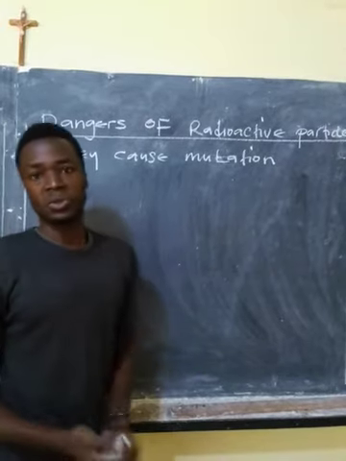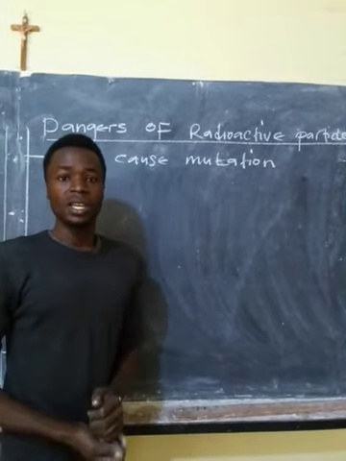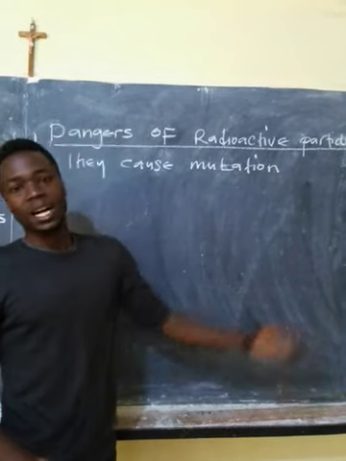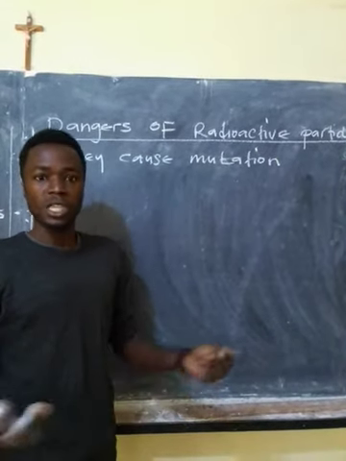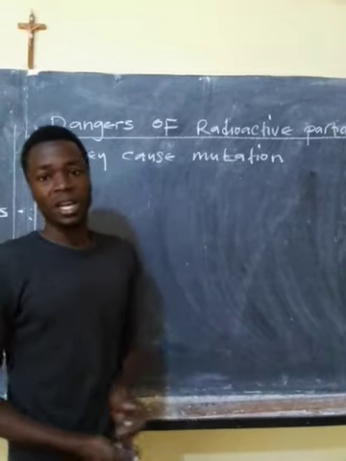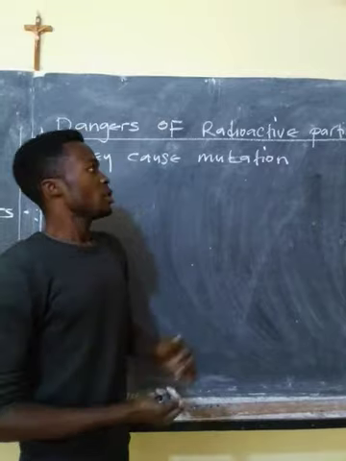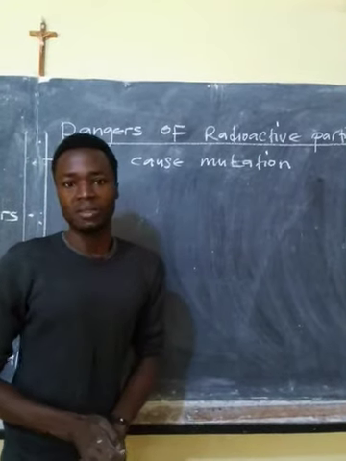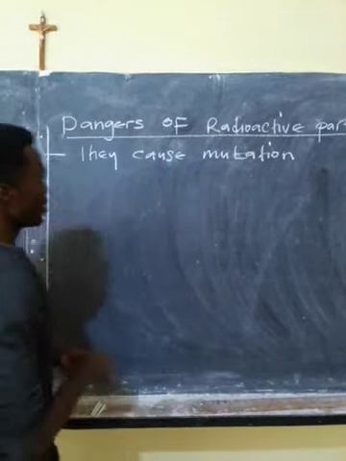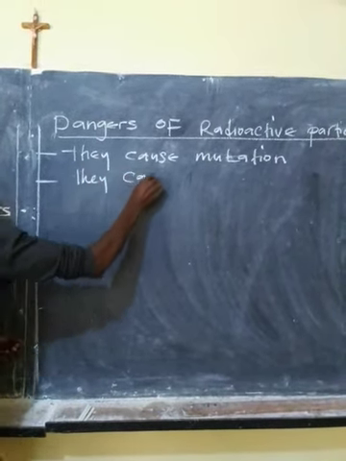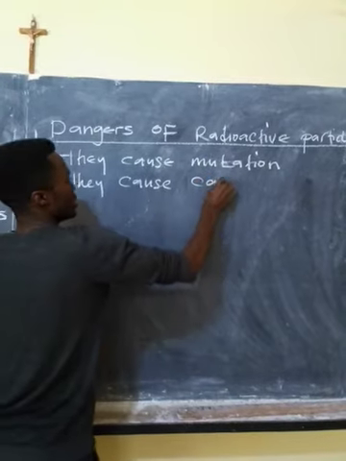Once you're exposed to radioactive particles, some organs or some genetic makeups may tend to change because of these radioactive particles. So it's very important that you understand the way you're supposed to use radioactive particles. Then the other one is they cause cancer.